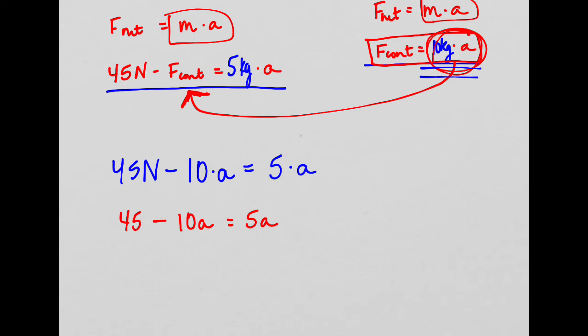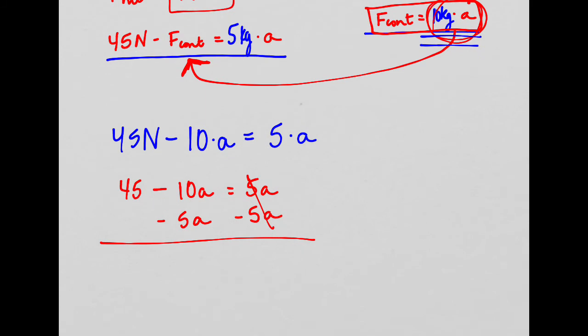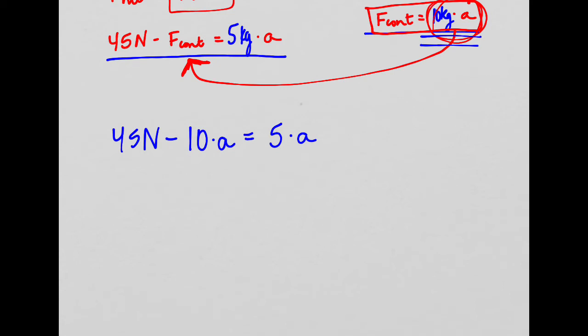Well, I could subtract 5A from both sides. Actually, why am I doing this so complicated? Let's add 10A to both sides. That will make it, let's not deal with the negatives. That's way too complicated, sorry. Let's rewrite 45 minus 10A equals 5A. Rather than subtracting 5A, let's just add 10A.